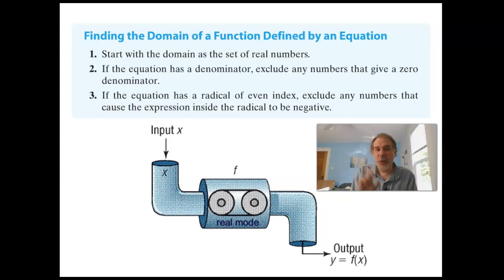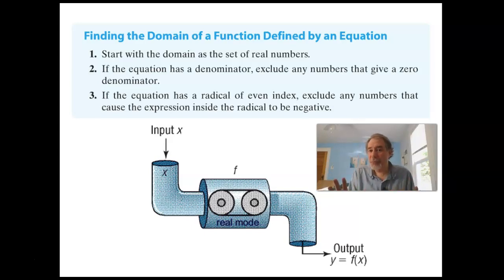And then the second thing to watch out for, if the equation has a radical of even index, that is, if it involves the square root of something, or the fourth root, or the sixth root, or the eighth root, exclude any numbers that cause the expression inside the radical to be negative.